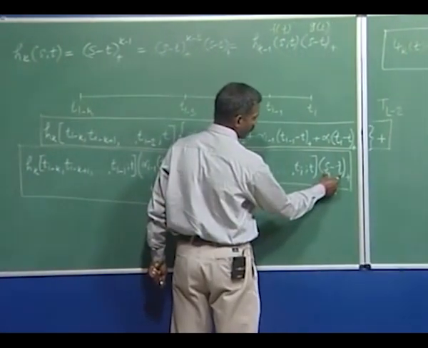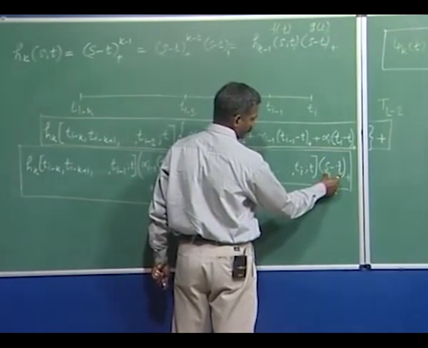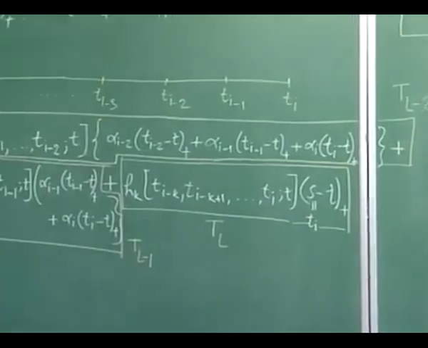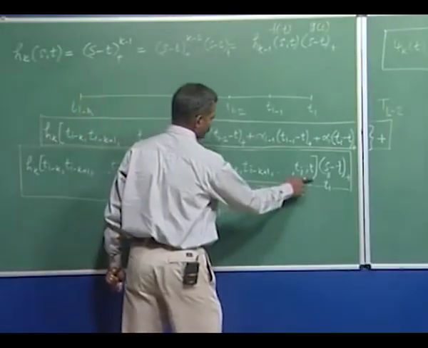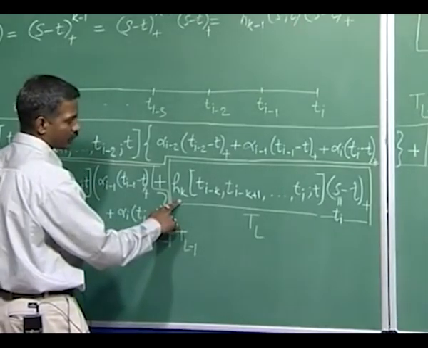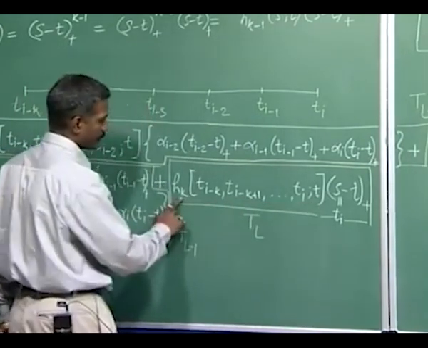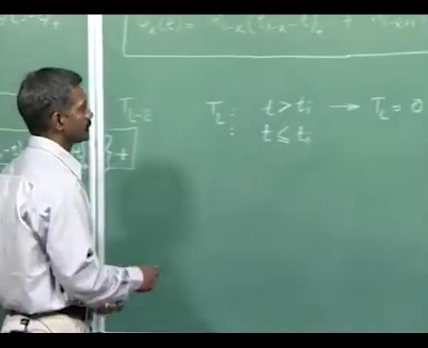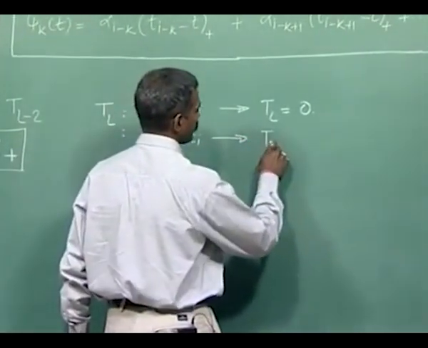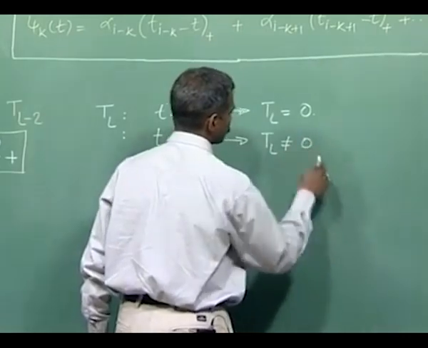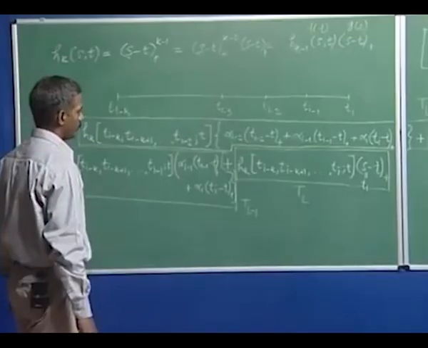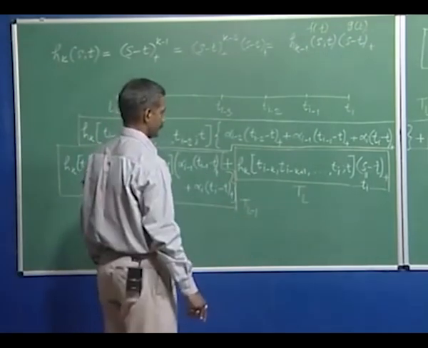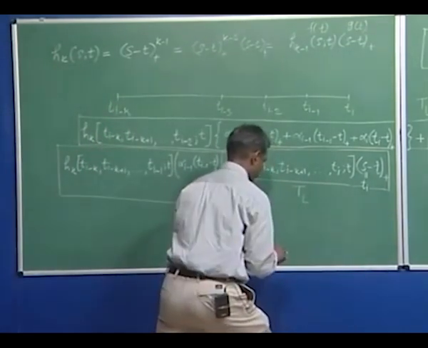Now this term here becomes positive, and this term here will not be 0. I would not know about this term as yet. I would assume that this term is non-zero as well. So I can say that T_L is not equal to 0. So there is a very high likelihood that this term gets retained. So this term is important to us.